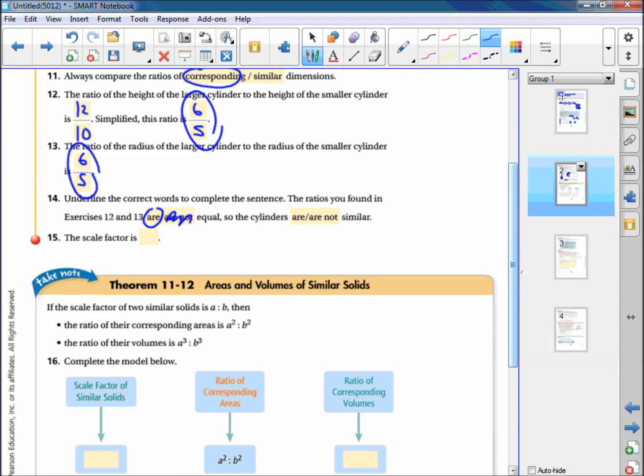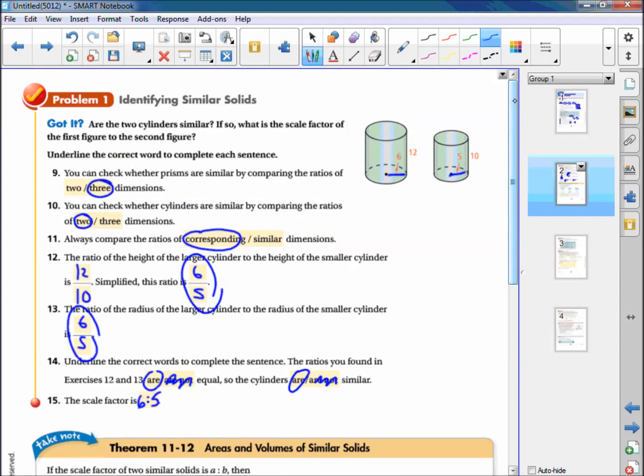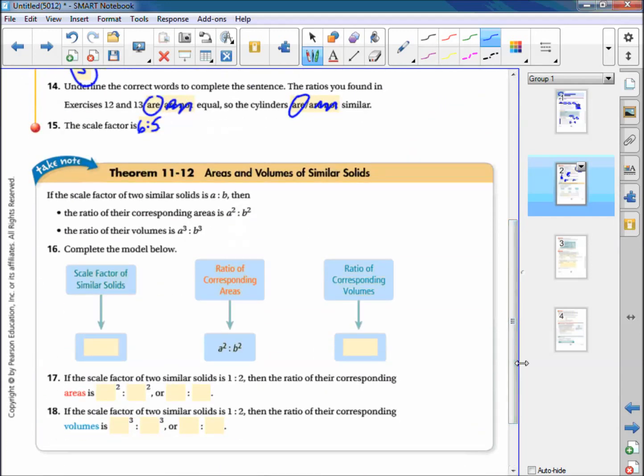So the cylinders are similar, and the scale factor is going to be 6 to 5. So to compare 3D objects, we must compare not only left and right and front and back, but also up and down, all 3 different ways and for all 3 dimensions.